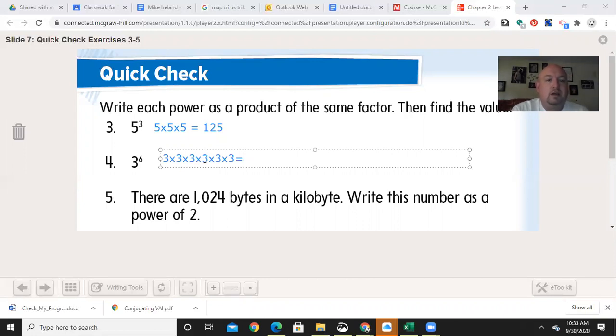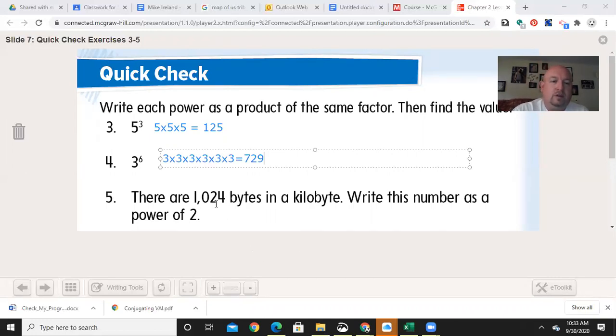Times 3 is 81. Times 3 is 243. Times another 3 is 729. Yes, I was working on that in my head. Didn't pull out a calculator, but let's be honest, it's not an easy problem. If you needed a calculator, that's completely justifiable.